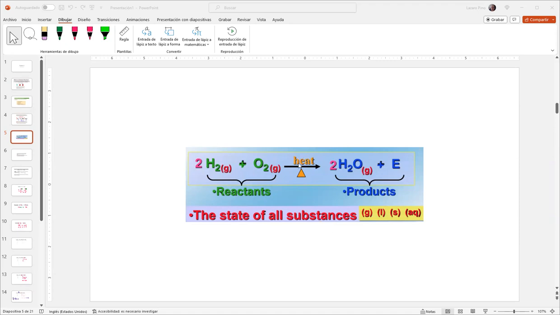Also, you can represent if any agent from the environment is taking part in the reaction, like heat, light, or other different elements.